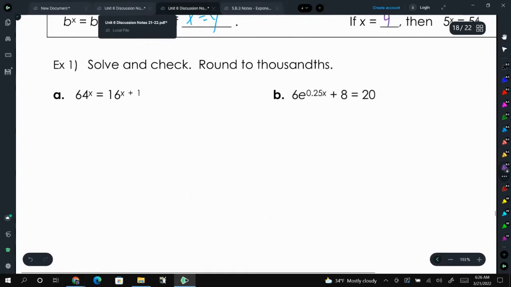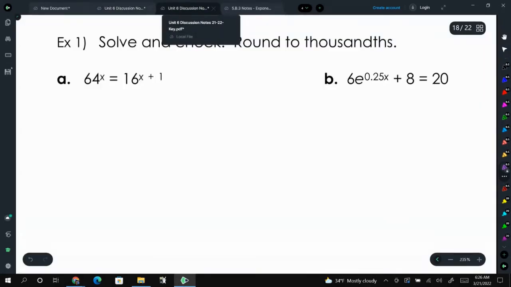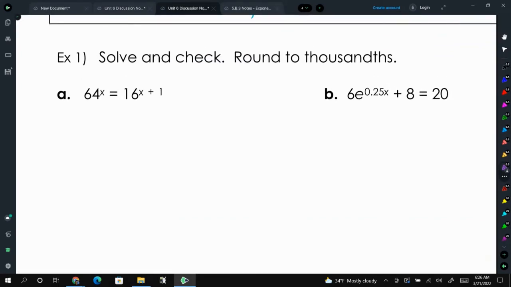So down here, we can use this. We have 64 to the x power equals 16 to the x plus 1 power. Now, can we rewrite this as any other base? Well, we know that 4 squared is 16, and 4 to the third is 64.